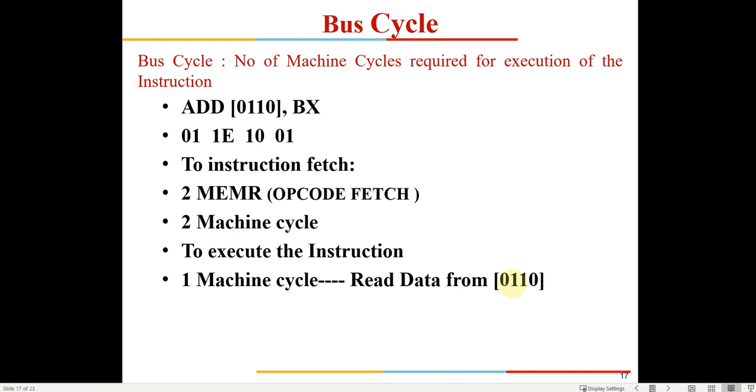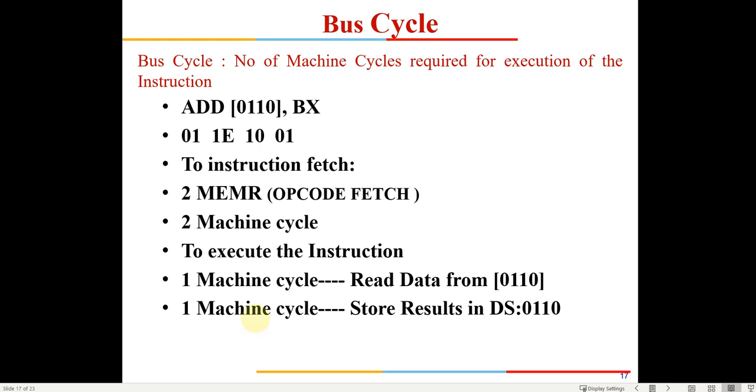That will take 1 machine cycle, and once it is brought, it will be executed. It will just take 1 or 2 clock cycles to execute it, and once that is done, you again require one more machine cycle to store the result back into this memory location. So this is a memory read operation, this is a memory write operation. So the total machine cycles required in this case is 4.